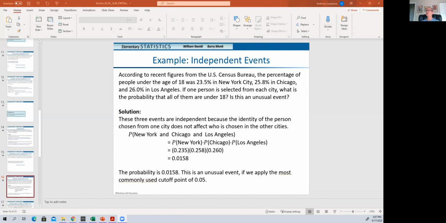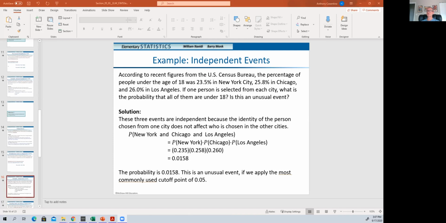So if one person is selected from each city, what is the probability that all of them are under 18? And here's this unusual event. I would use the word unlikely. And so these three events are independent. You can't live in New York and Chicago at exactly the same time, right?